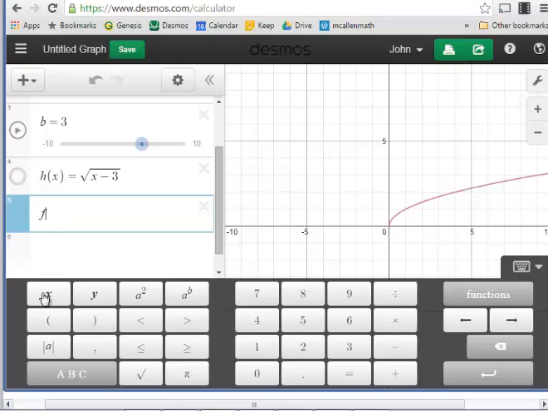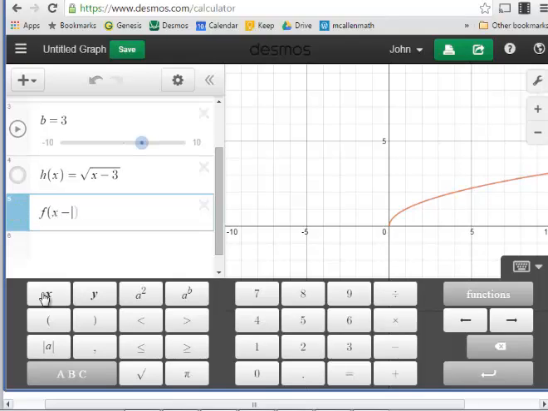If I do f of x minus 3, do you notice it moves that orange function to the right by 3? If I operate on the inside of the function, say plus 3, it moves it to the left 3. If I work on the outside of the function, I do plus 3. Notice it goes up 3, and minus 3, the function goes down 3. So Desmos is very versatile in showing you exactly how these transformations occur.